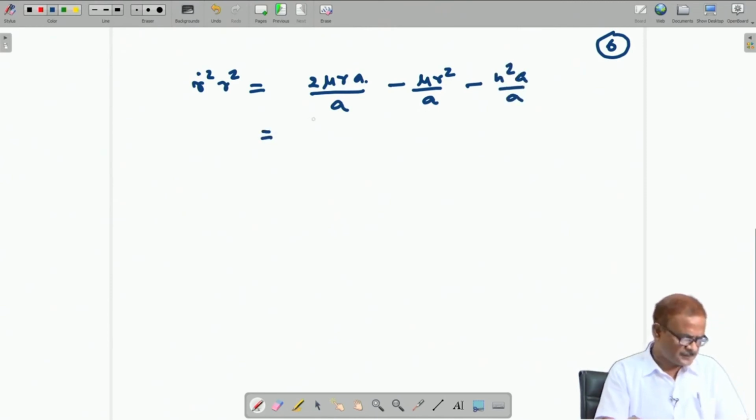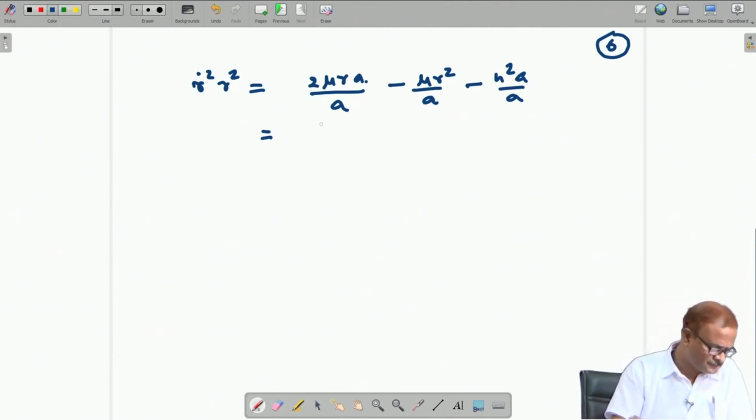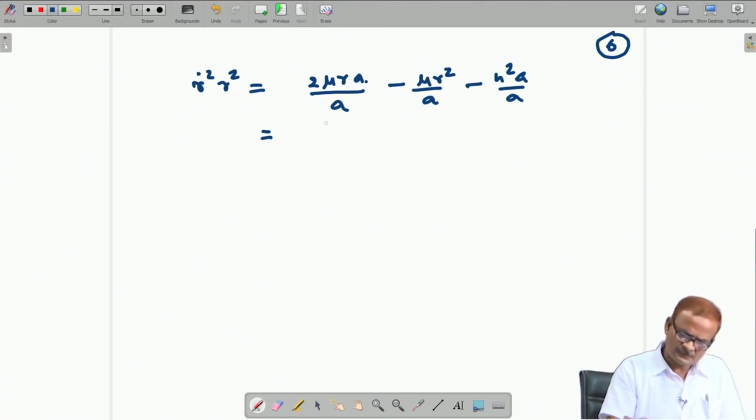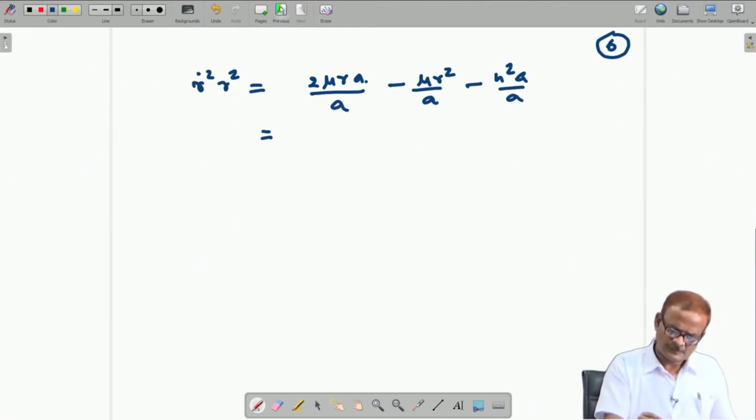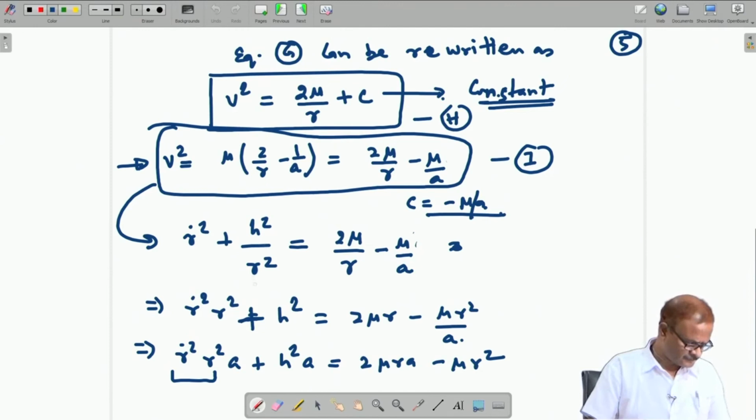So, if you look back, mu has been taken as common throughout. Okay. We are missing some term here, h square. This is okay.